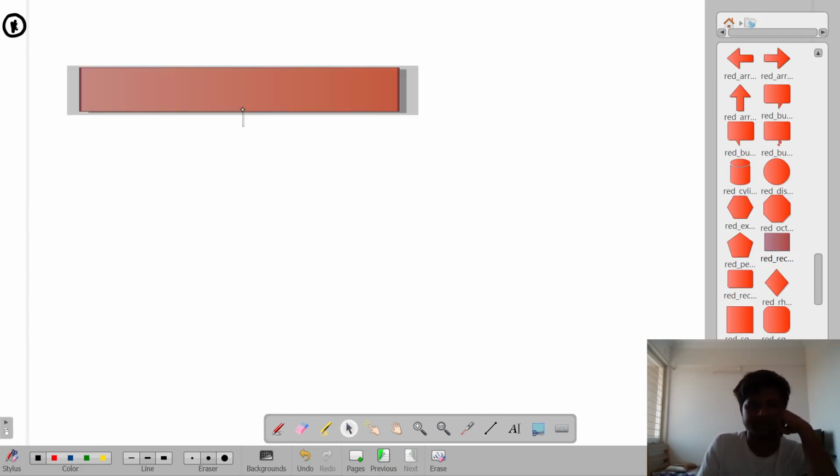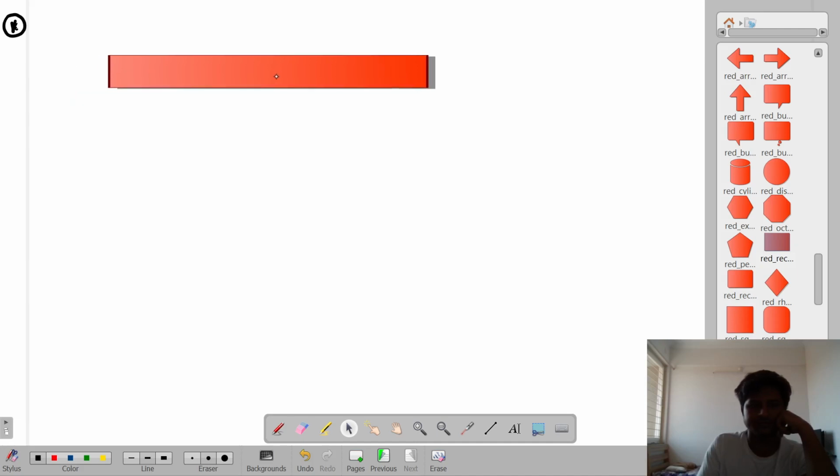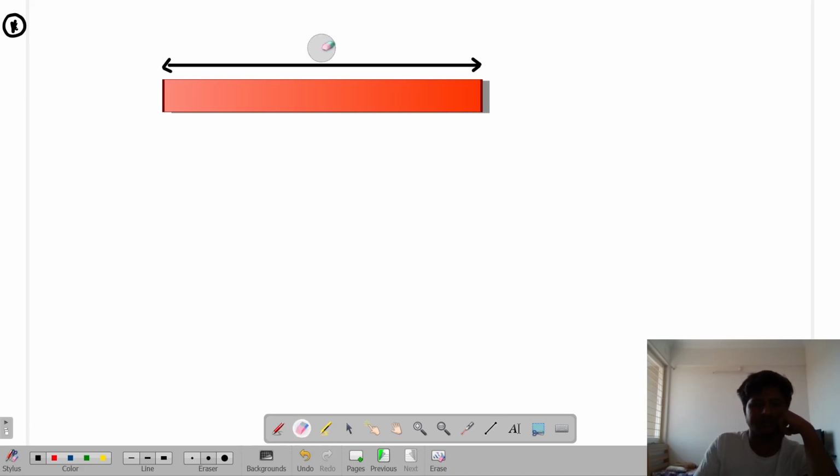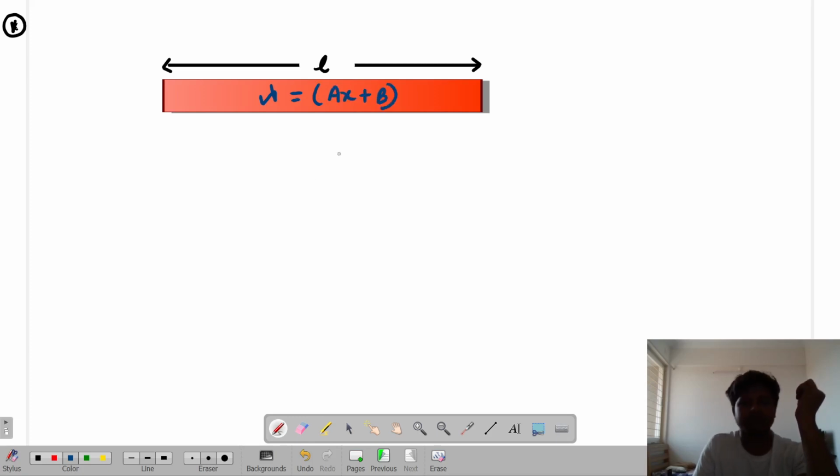In this rod, the length of the rod is L, and the charge density actually varies like lambda is equal to ax plus b coulomb per meter.